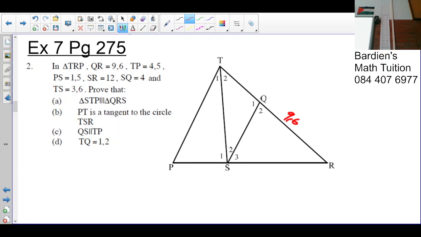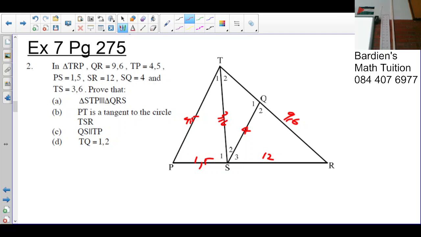TP is 4.5. PS is 1.5. RS is 12. SQ is 4. And TS is 3.6.